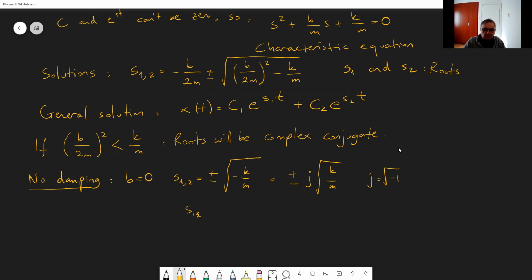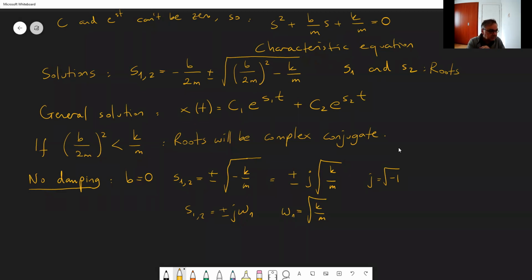And root k over m is omega n, as you know. s1,2 can be written as plus minus j omega n, where omega n is root k over m. These would be the roots of our equation. And you would have e to the j something, which by using Euler's identity, you can transform to sines and cosines.